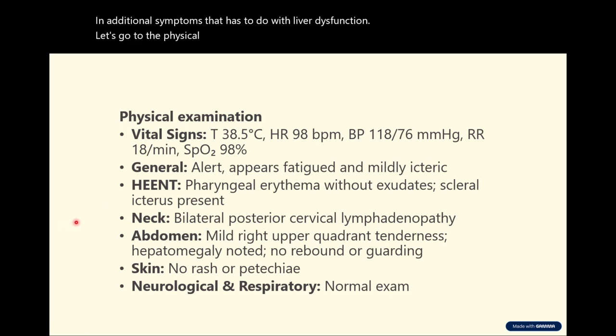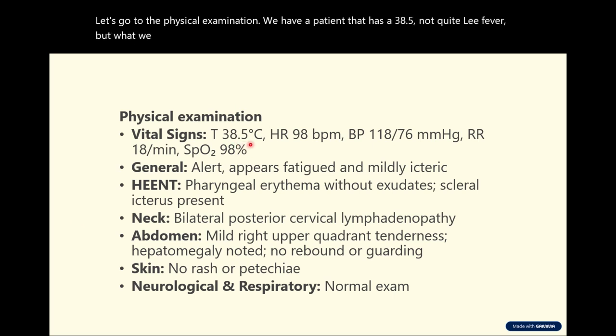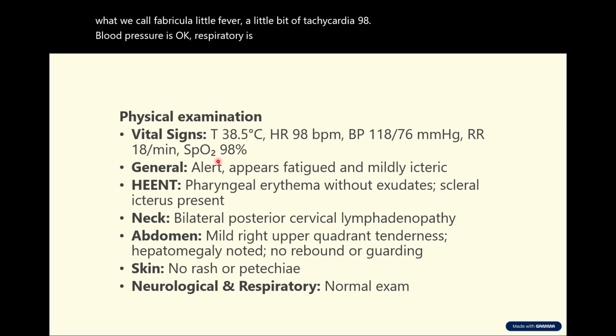We have a patient with a temperature of 38.5, not quite a fever, but what we call febricula, a little fever, and a little bit of tachycardia, 98. Blood pressure is okay, respiratory rate is okay, and oxygen saturation is okay.